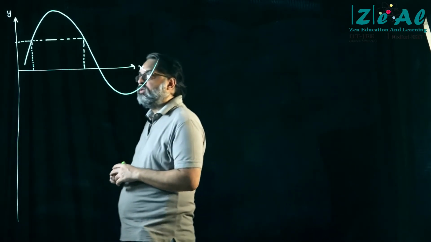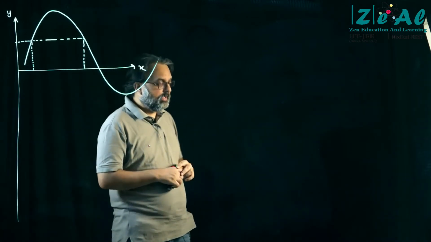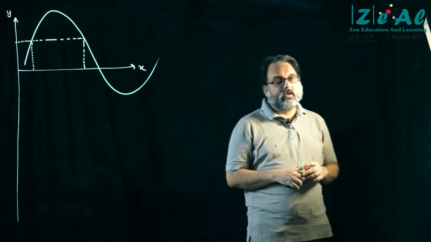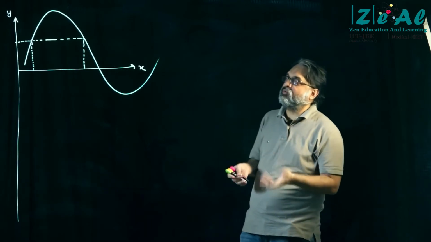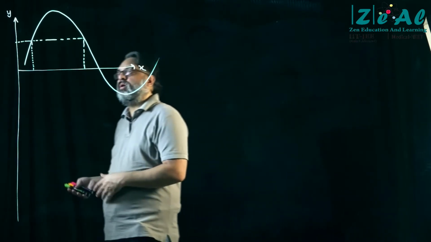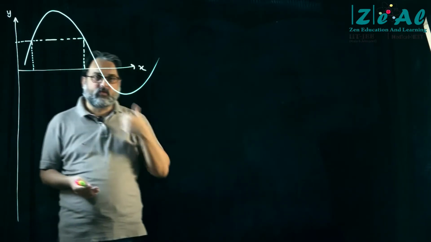So all I am saying, Harshita, is that I have drawn an xy graph, I have drawn an xy axis and I have drawn a graph on it. And the primary piece of information that this graph conveys to me is the values of y for a given value of x, or the values of x for a given value of y, which we can find from the graph itself.